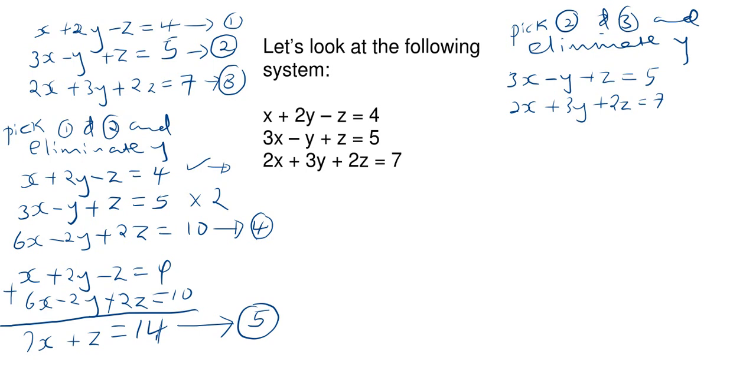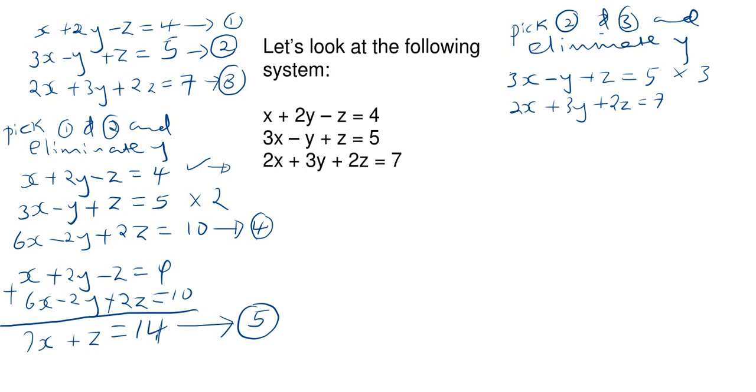And as you can see, we have 3y here, so we can multiply this equation by 3 in order to make the value of y to be 3 here and 3 here. So we multiply this by 3. So every term will be multiplied by 3. That is what we mean by multiplying by 3.